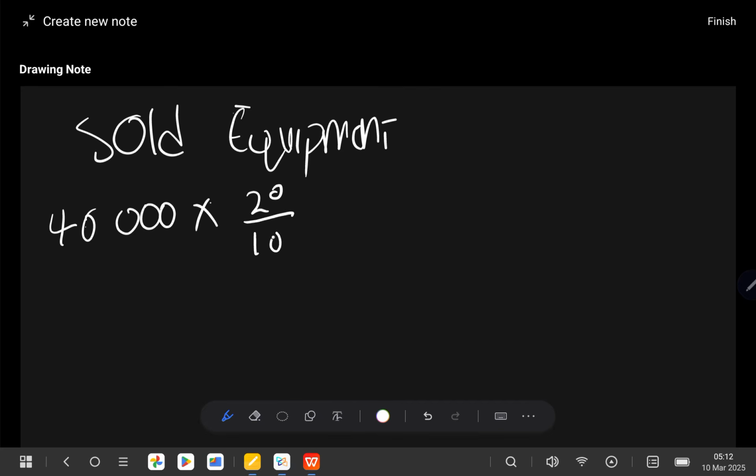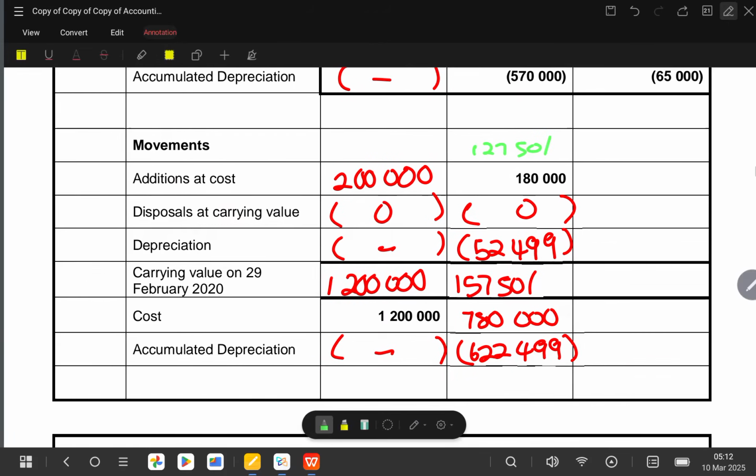So in the first year, remember, the first year will be the year that starts on the 1st of March 2017 to 28th February 2018. So in that year, that equipment was with us for only, remember, it was bought in November, right?